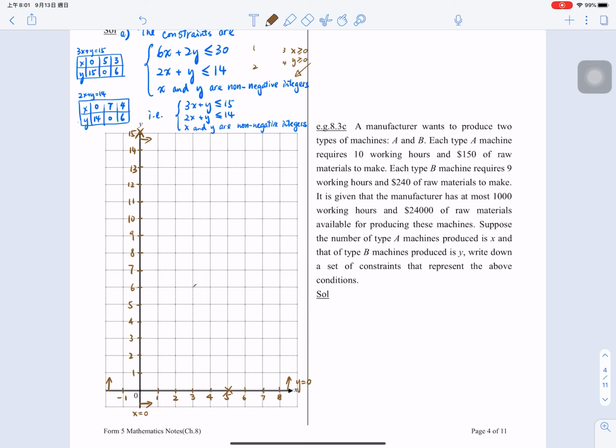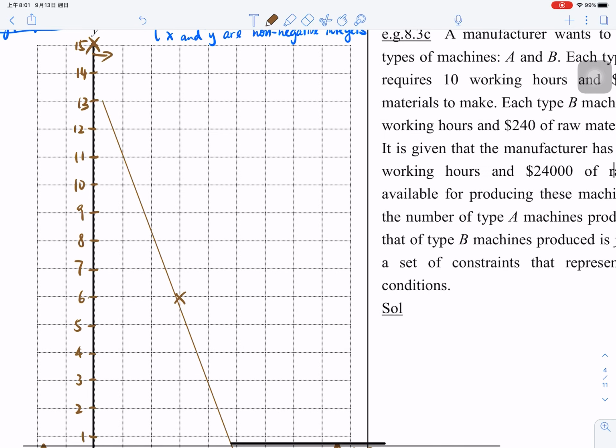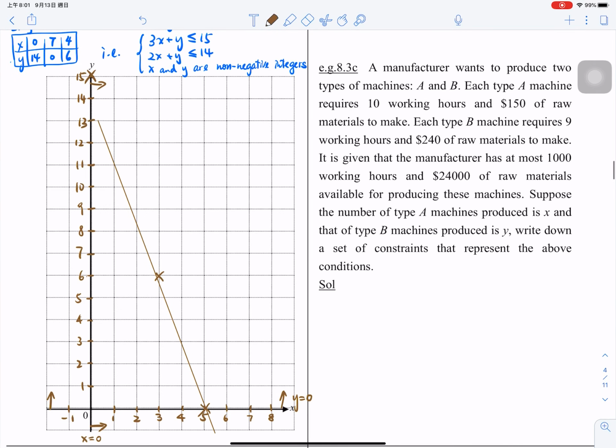So at the end, let's see. It passes through these few points. Not really good. Okay, let me see. Maybe I draw it like this. Oh, sorry, once again.